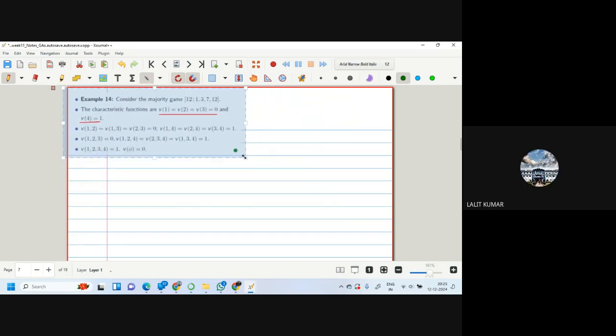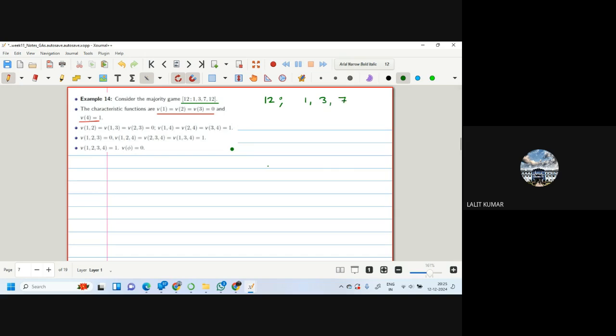For example, this is an example where there are four players. The winning value is 12, and these are their individual values. Now you can see V12 is equal to 0, V13 is equal to 0, V14 is equal to 1, V23 is equal to 0, V24 is equal to 1, V34 is equal to 1.